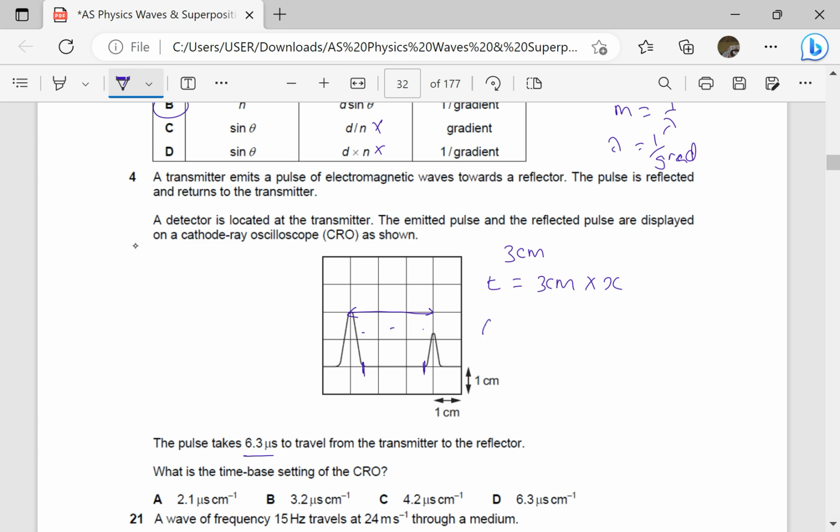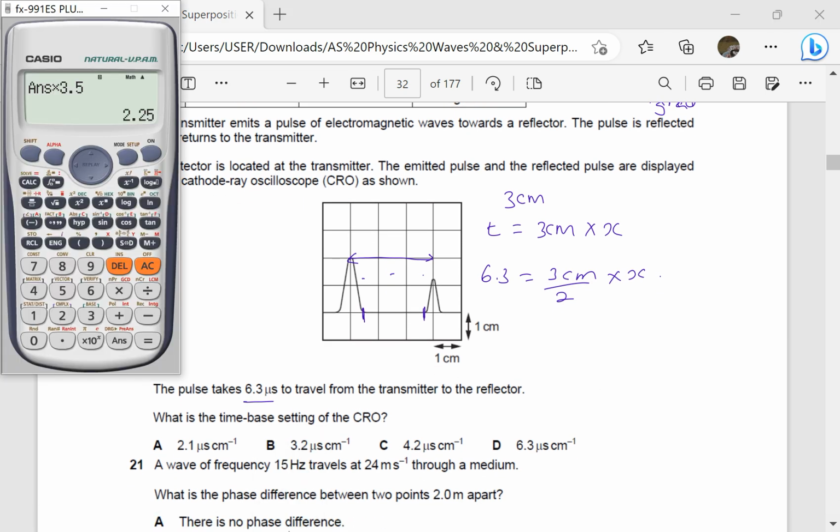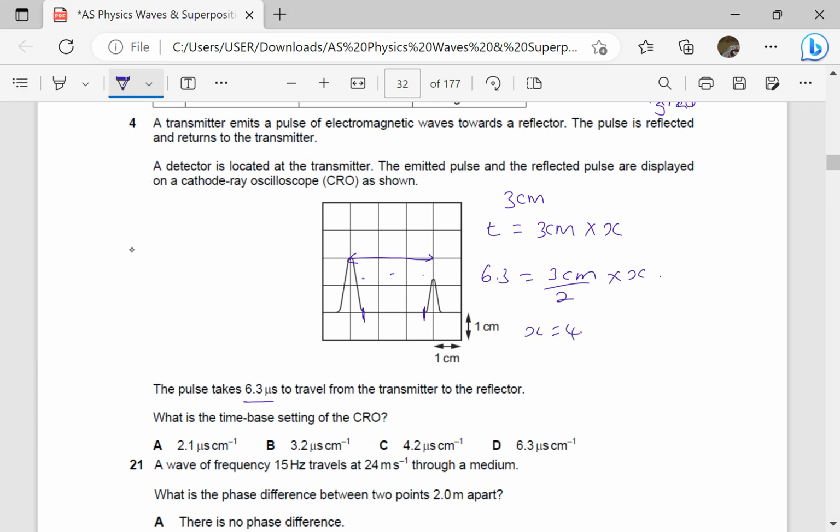So 6.3 is going to be 3 centimeters divided by 2 times the time-base setting x. So we want the time-base setting, so that will be 6.3 times 2, then divide by 3, which is 4.2. So the time-base setting x is going to be 4.2 microseconds per centimeter. So the answer is C.